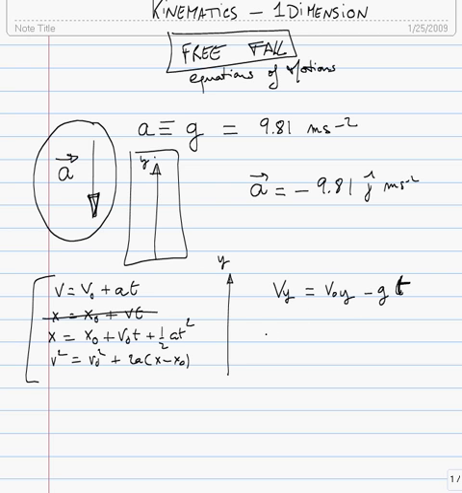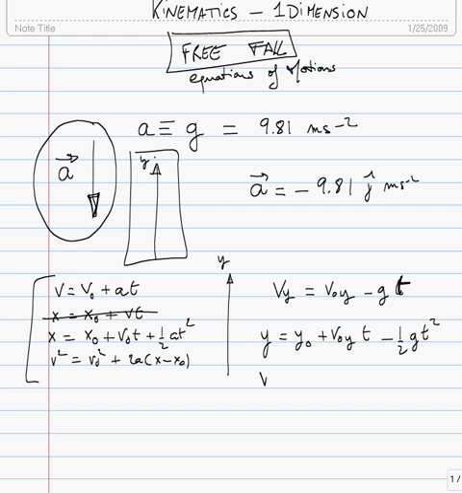But I can do the same thing for the other ones. Whenever I see x, I'm going to put a y because I'm using the y direction. x naught will give me y naught. v naught will give me v naught in the y direction times t. I'm having a, so I'm going to replace it by minus g, so 1 half g t squared.